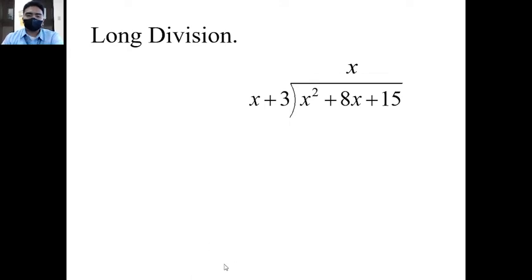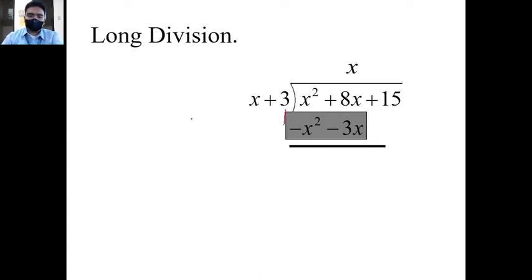So x squared is the answer, plus 3x, because we're going to multiply x as well to your constant. Okay, so it will become 3x. Now, when you have x squared plus 3x, what will happen next? The next step is to change the sign, then you add.